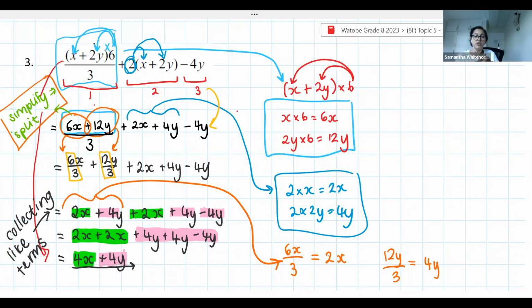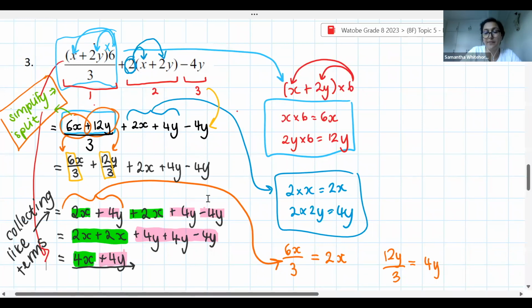So 2x plus 2x is 4x, 4y plus 4y is 8y, but then I have to subtract 4y, so that leaves me with positive 4y. So that is why my final answer is 4x plus 4y.